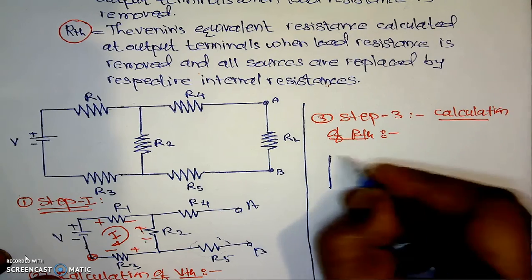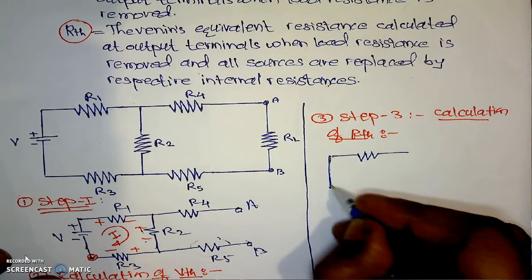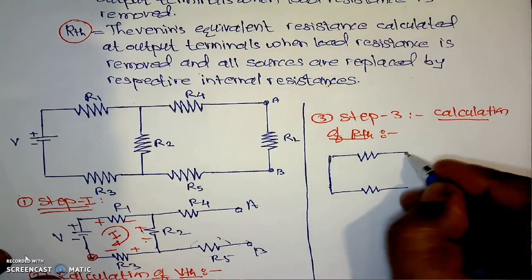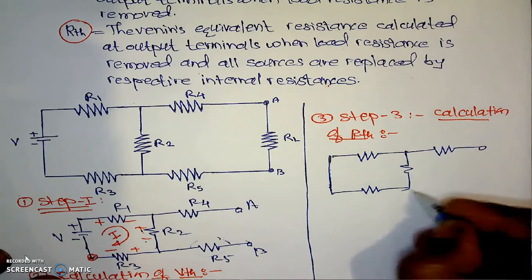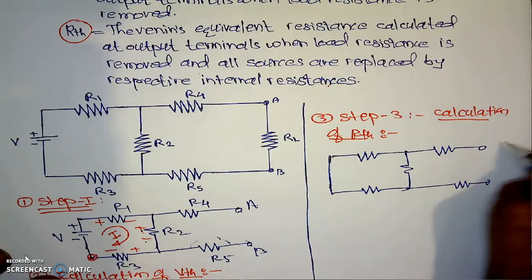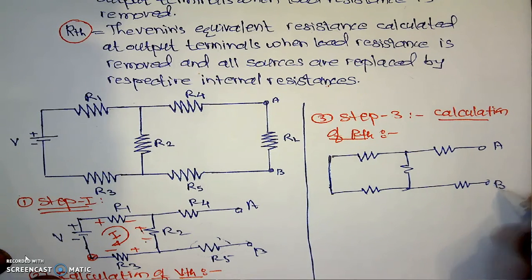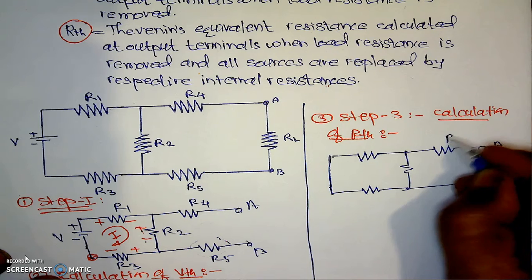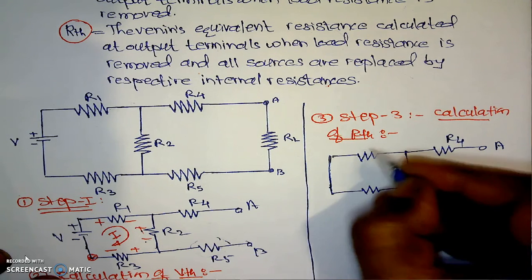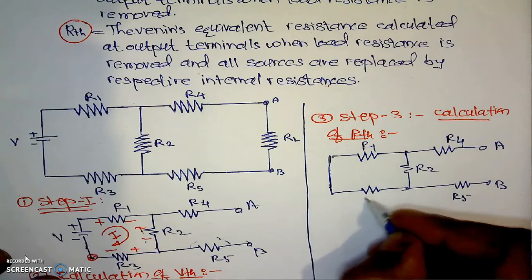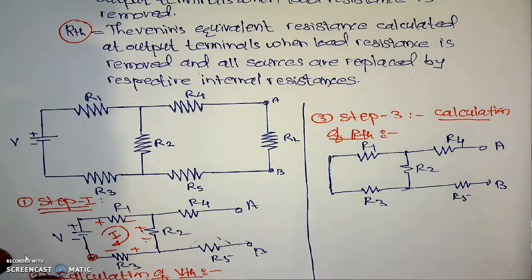The first source is replaced by its internal resistance, so the figure will be something like this. Here it is A terminal, this is B terminal. Here it is R4, this is R5, this is R2, here it is R1 and this will be R3.